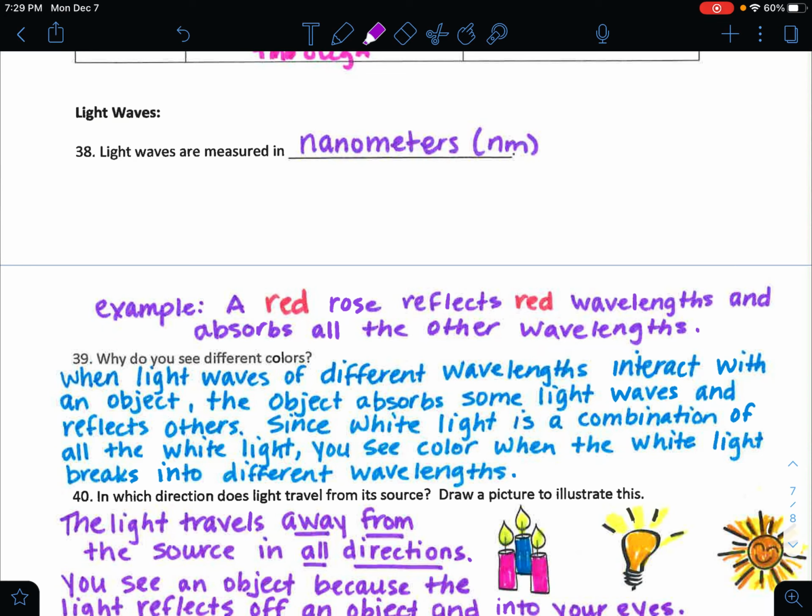So when light waves of different wavelengths interact with an object, the object absorbs some light waves and reflects others. Since white light is a combination of all the colors, you see color when the white light breaks into different wavelengths.